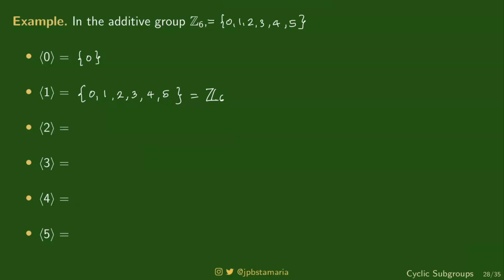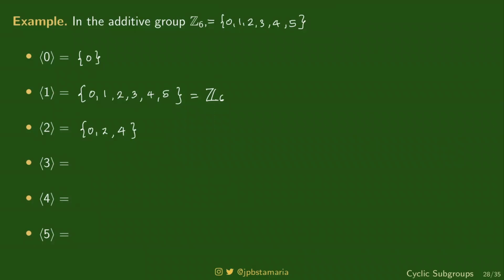How about the subgroup generated by 2? Aside from 0 and 2, what are in this subgroup? 2 plus 2, 4 plus 2, just keep on adding 2. 4 plus 2, 0. As you can see, dahil nag-0 na, isasara mo na kasi uulit lang tayo ng uulit.